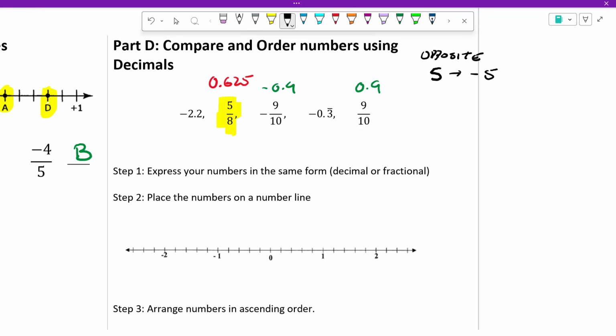If I give you the number -3, the opposite of -3, what would that be? Positive 3. So now, on the assignment, it's going to ask you for opposite. Here, these two things are opposite of each other, -9/10 and 9/10. Just something to throw out there.